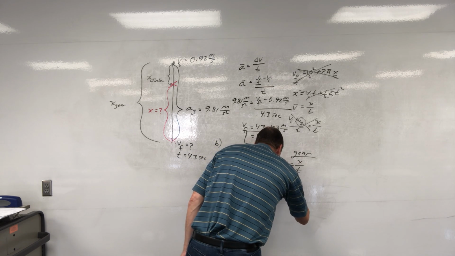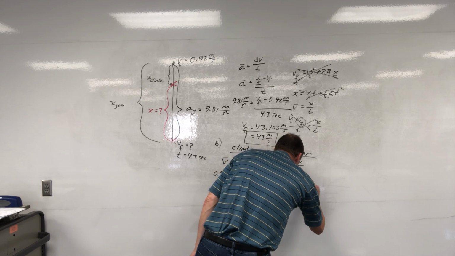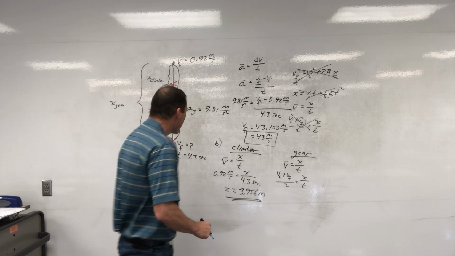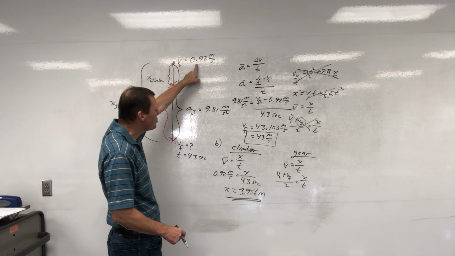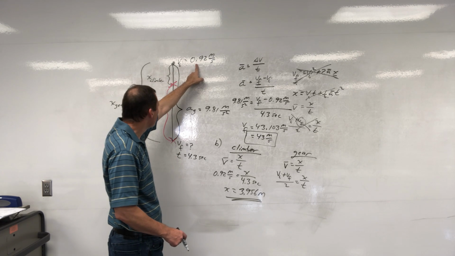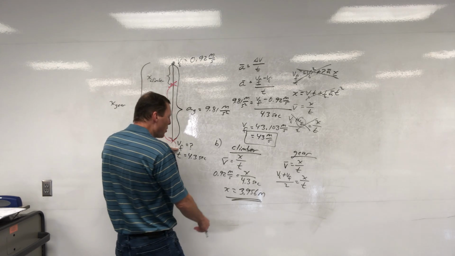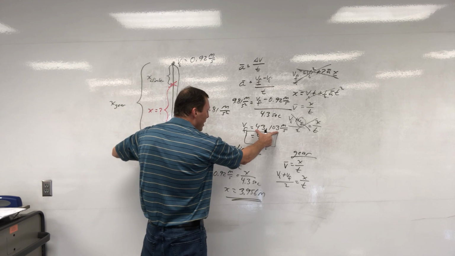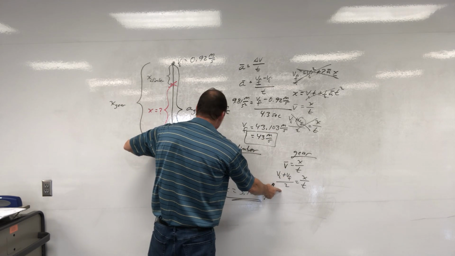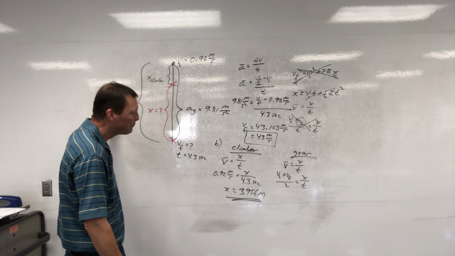Initial velocity plus final velocity divided by 2 equals displacement over time. Do I know the initial velocity of the gear? I do. It was 0.92 meters per second. Do I know the final velocity of the gear? I actually do. I had found that in part A. This is my unrounded number. And then the time is 4.3 seconds. I could find the displacement from that.